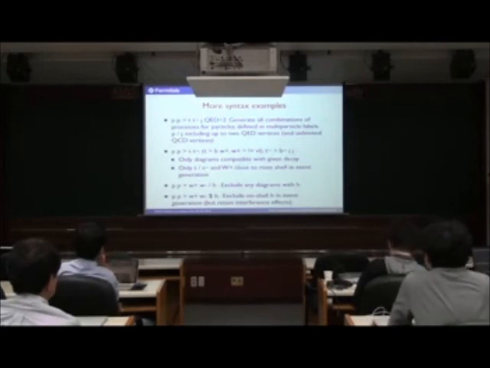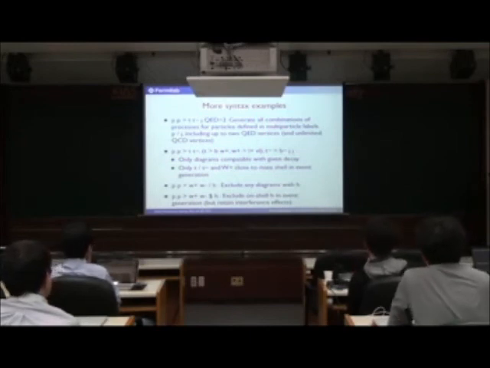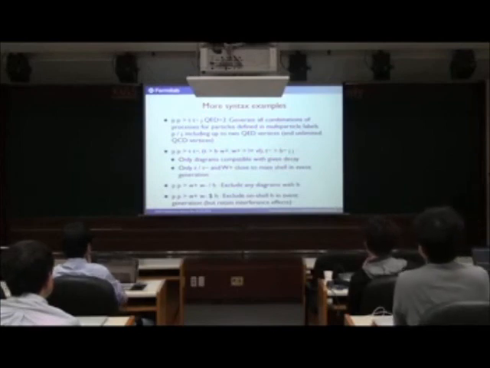Here is another example. I showed you already a decay chain, a W decaying into lepton and neutrino. You can write much more complicated decay chains like this. Here we have t tbar production with a top decaying to b W, W decaying to lepton plus neutrino. And here we need a parenthesis because this W decay is from this sub-process. And then the tbar we just decay directly to j.